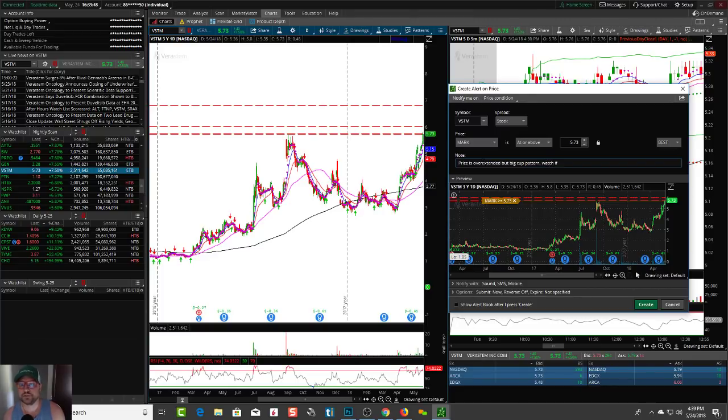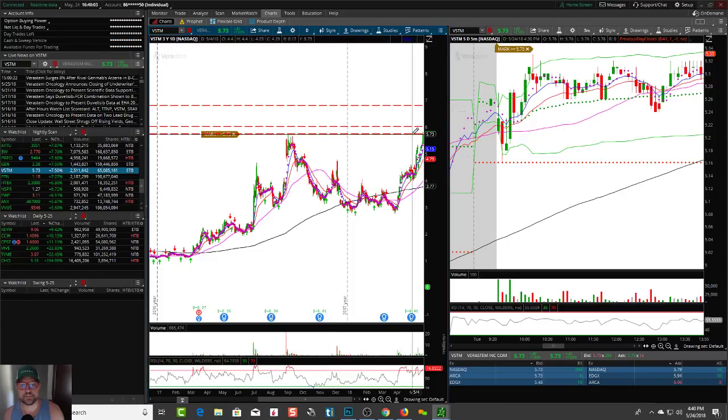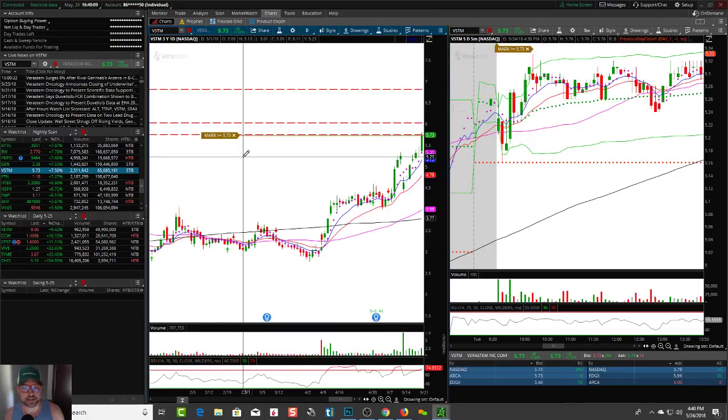Watch if it can break out and get over $6. VSTM. Big cup, see if it can break, continue upwards, get above $6. Again, very overextended. This is a stock you would day trade if it continues.